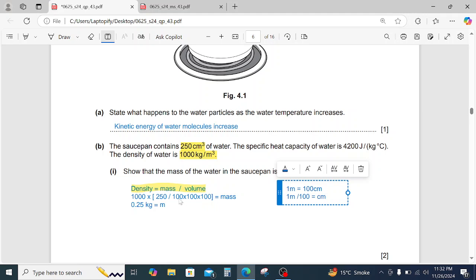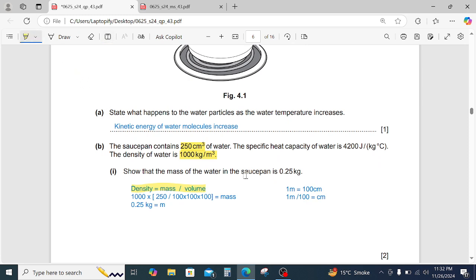That is why I wrote 100, 100 and 100 here. 250 divided by 1 million, and multiplied by 1000, you will easily get 0.25 kg mass. So you will get your answer easily.